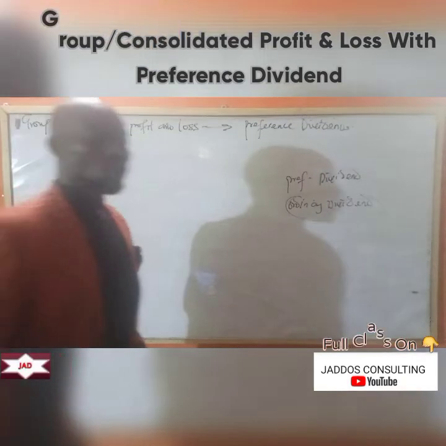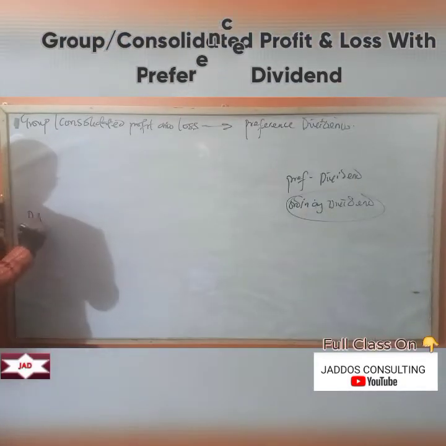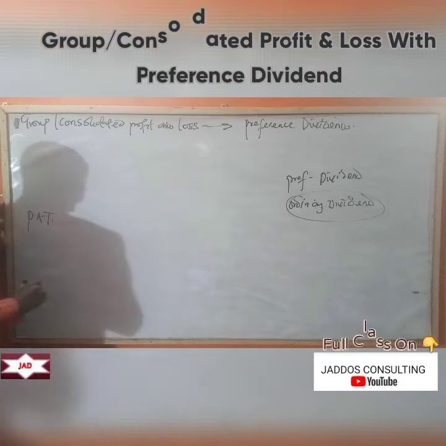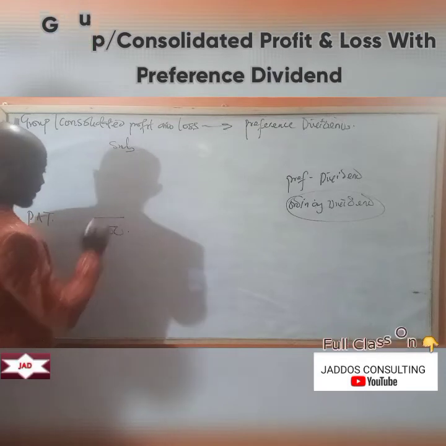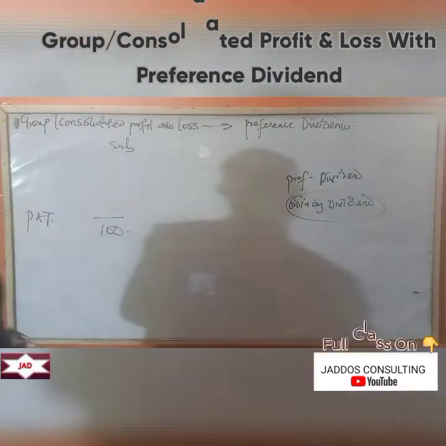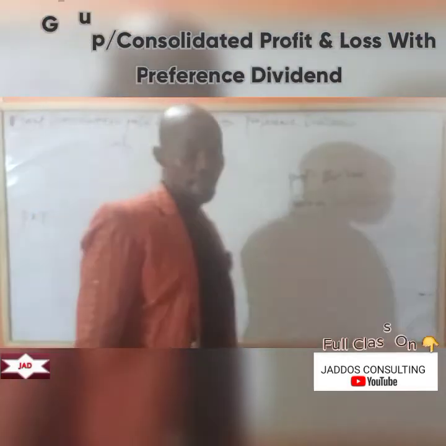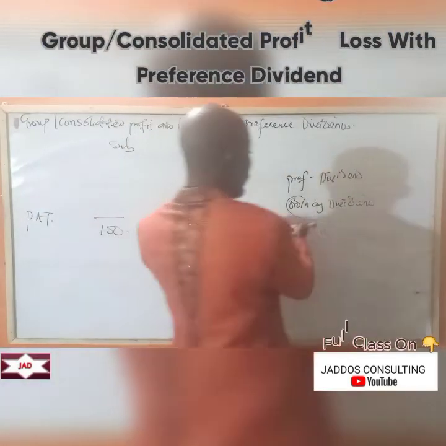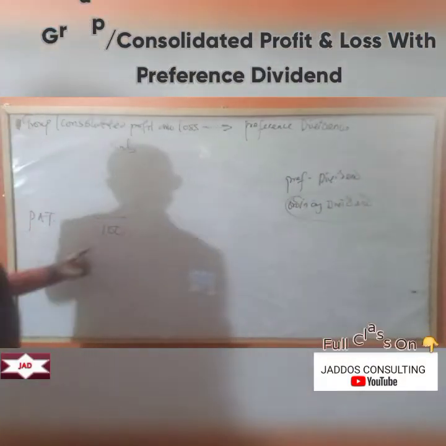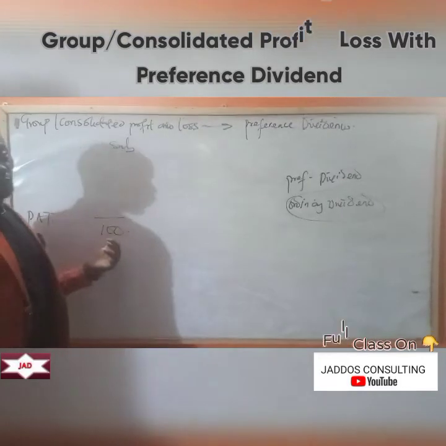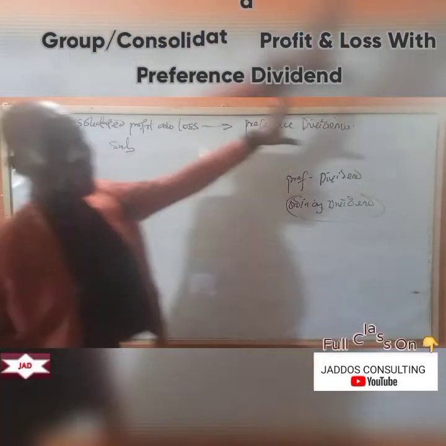Usually, we do our schedule up to the profit after tax. Let's say the subsidiary has a profit after tax of 100, and we have declared preference dividend and also ordinary dividend. If we had declared only ordinary dividend, we would have just taken the minority interest, so that we can get the profit attributed to the group at the consolidation level.